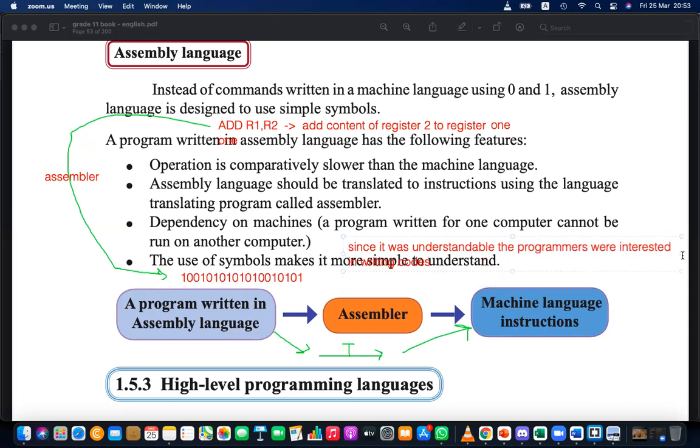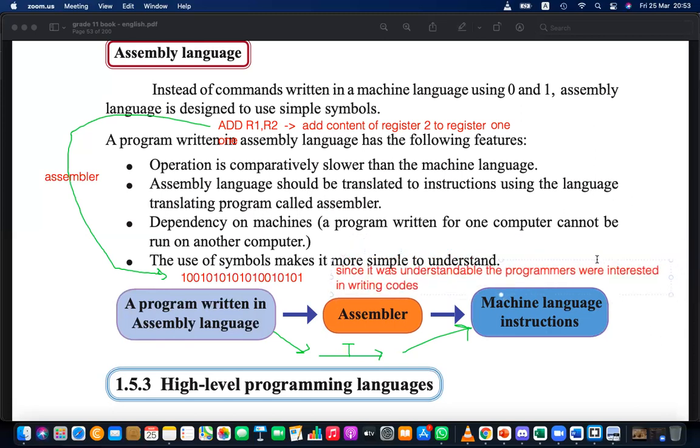Unlike the first generation, this is something better because the programmers were at least interested in writing some programs in assembly language. But still machine dependent. That is the bad side of this. And slow. Still machine dependent and slow.